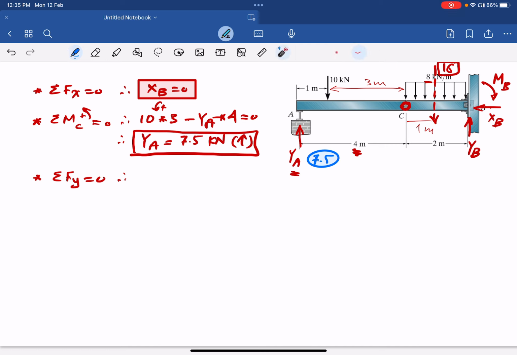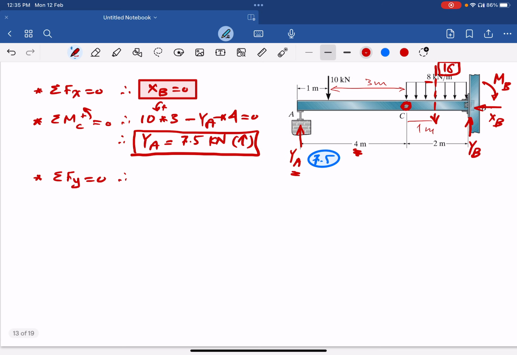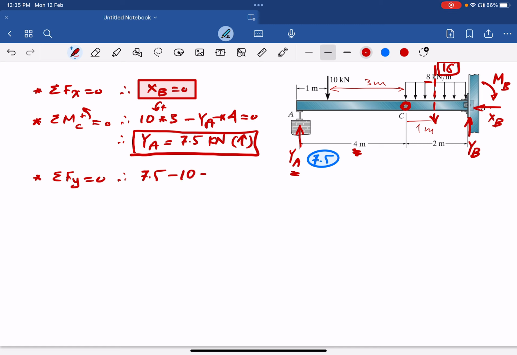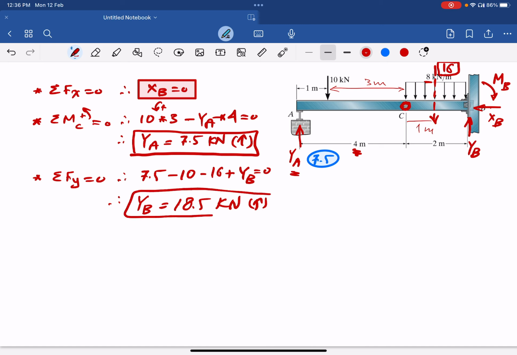So summing the Y forces: 7.5 going up minus 10 minus 16 plus Y at B equals 0. Then Y at B equals 16 plus 10, 26, minus 7.5. It will be 18.5 kilonewton going upward as well. Let's put it in this box. This will be the third reaction.